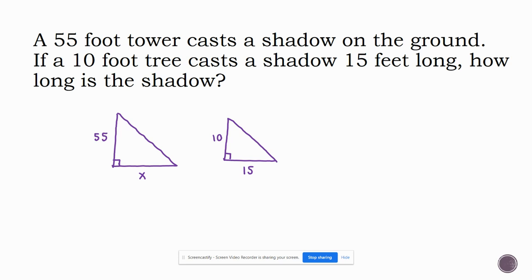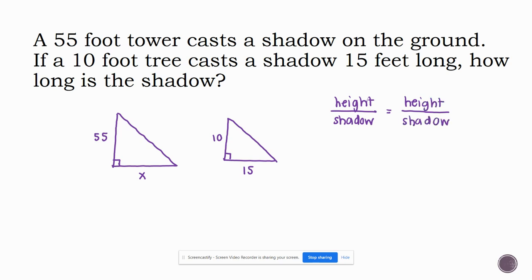So we want to set up a proportion using these corresponding sides. There are two different ways to do it, but normally I like to think about height over shadow. That's dealing with one of the triangles. And then I like to set that equal to the height over the shadow of the second triangle.